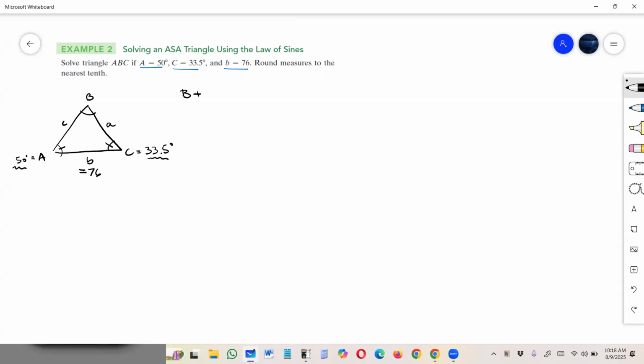So B plus 33.5 plus the 50 degrees has to be 180. So I'm going to subtract 33.5, I'm going to subtract 50, and I'm going to subtract that on the other side as well. And they will cancel here. And I get, and we do go to the calculator for that.